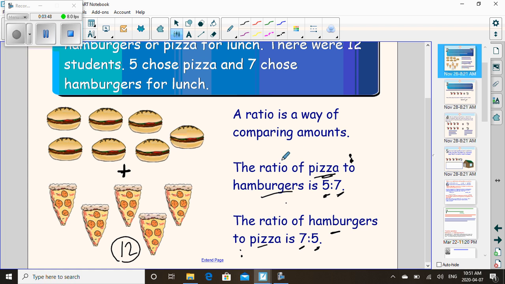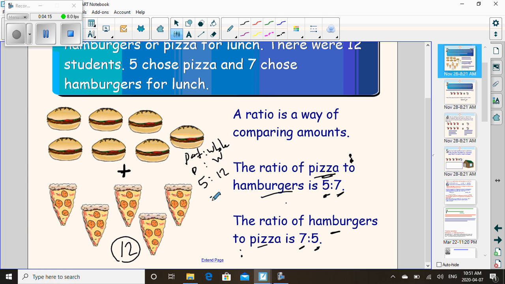This example here, pizza to burgers or burgers to pizza, is a part to part. But I could make it a part to whole as well. If I said, let's talk about pizza compared to the whole group of items, pizza is not changing. There's 5 pieces of pizza, but the whole would be 12.